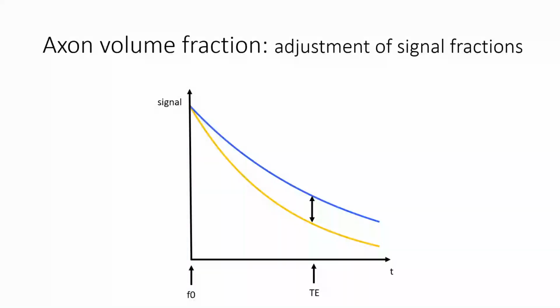Just to spell out what's happening here, if you have equal volume fractions of the intra-axonal and extra-axonal spaces shown here, what you're measuring at the longer TE is a signal fraction, so they will no longer be the same. If you assume no spatial variability in the T2s of these spaces, despite the fact that they're different, then the mapping from the signal fraction to the volume fraction will be a scaling.